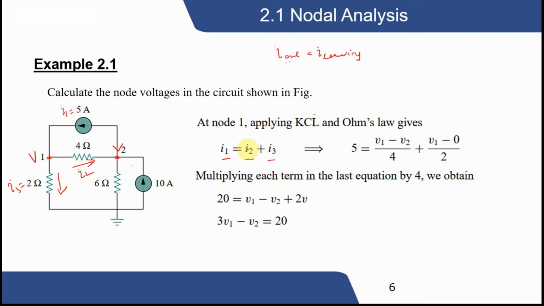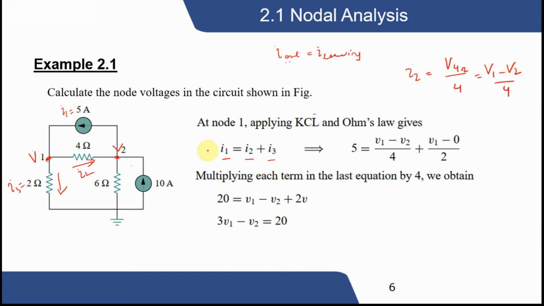How do we calculate I2? We take the voltage drop across this resistance divided by the resistance. So I2 equals the voltage across the 4 ohm divided by 4 ohm. The voltage across the 4 ohm is V1 minus V2. When we say V1 minus V2, this means the current is leaving from V1 toward V2.